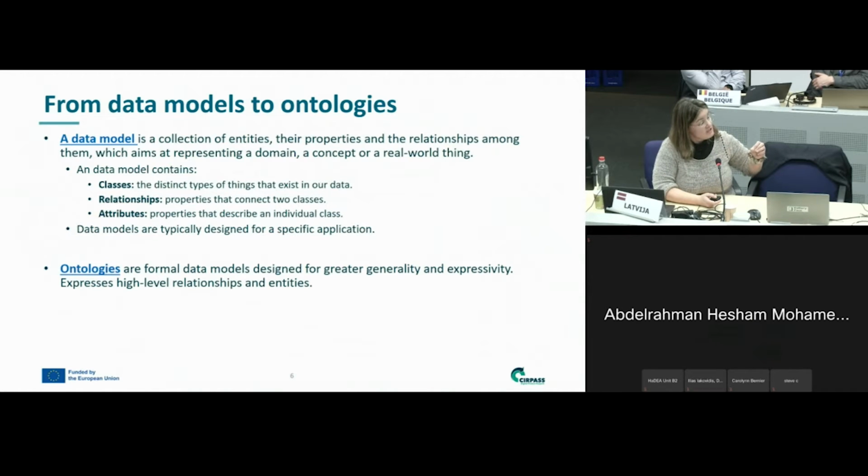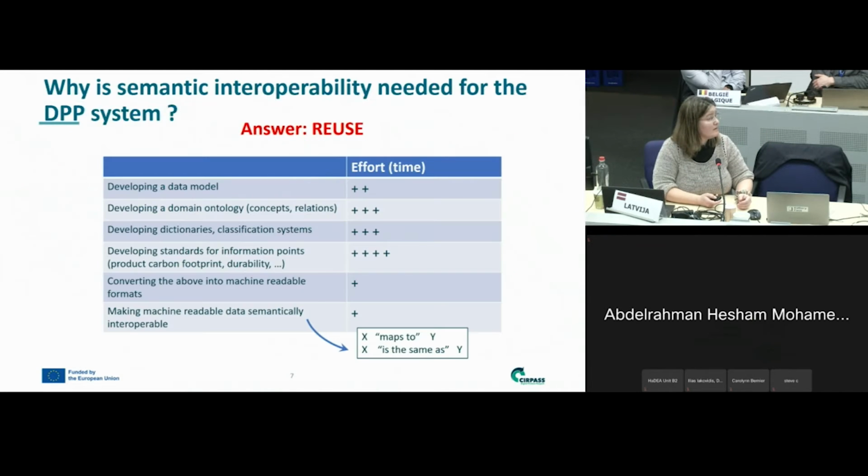An ontology is similar to a data model, but it's more generalized. It's designed to express higher level relationships and entities than a data model. So it's designed for greater generality and expressivity. And you can use an ontology to do reasoning tasks like I just did on the previous slide, which would not be the case with the data model. But otherwise, they're very similar concepts.